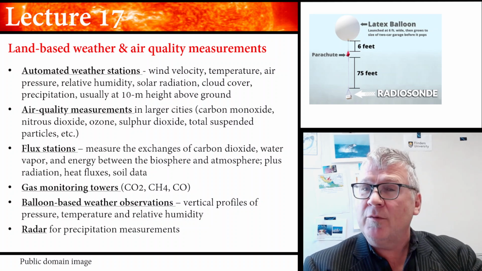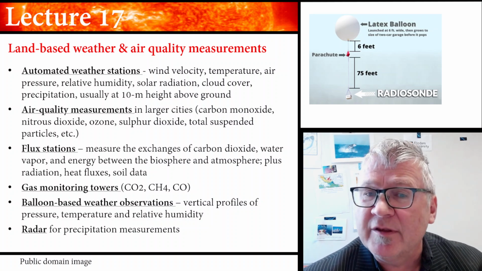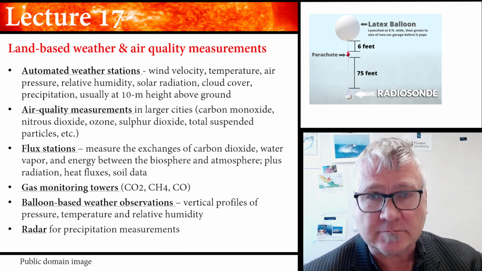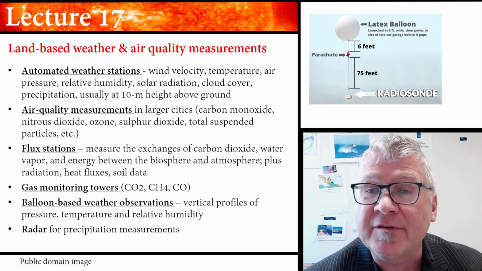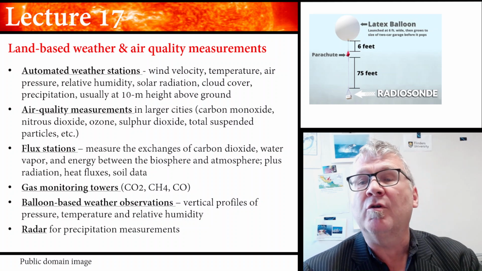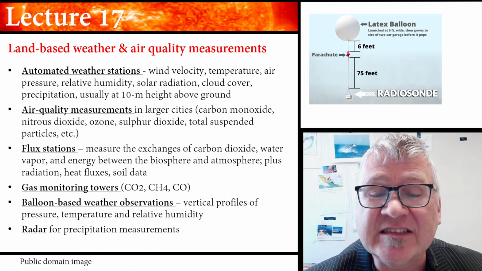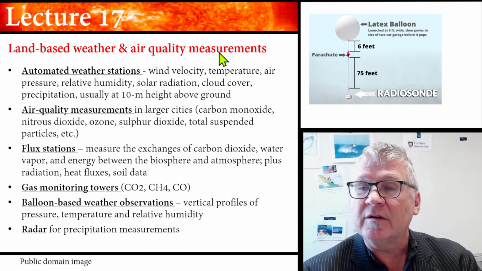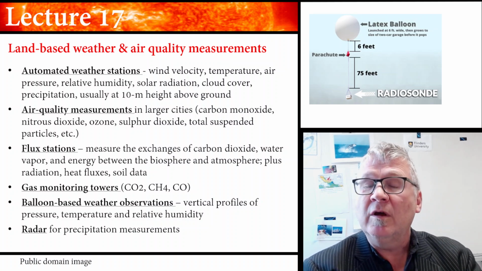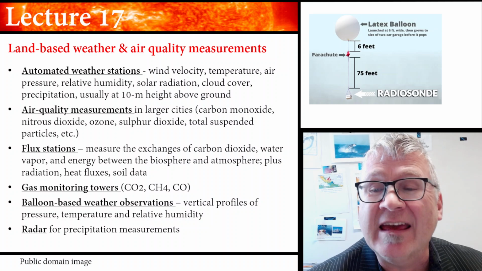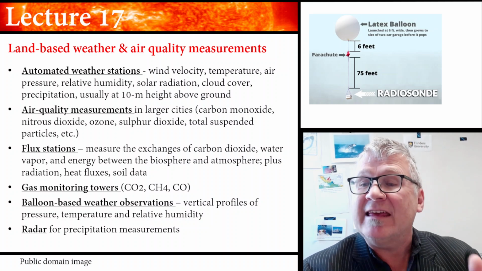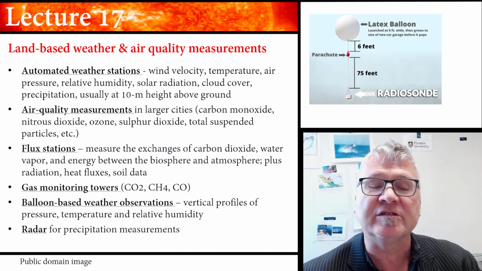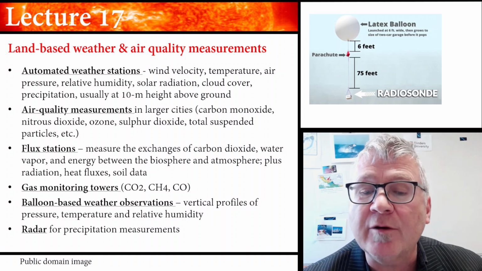In terms of atmospheric measurements, we also need information on the vertical structure in the atmosphere. And that's why we use so-called weather balloons, balloon-based weather observations that are released at the surface, and the balloon rises through the air column, taking with it a radiosonde which has a number of sensors, and it measures vertical profiles of pressure, temperature, and relative humidity.